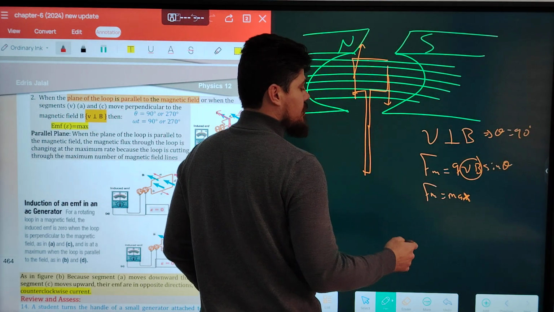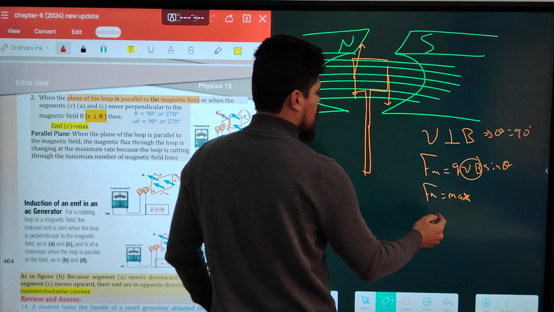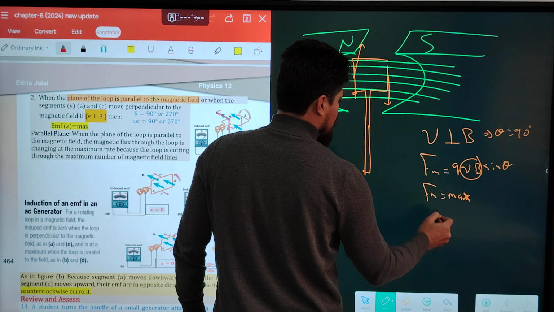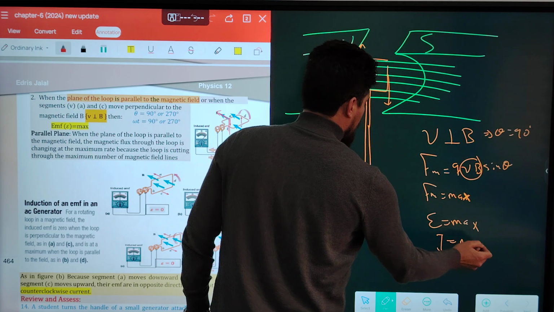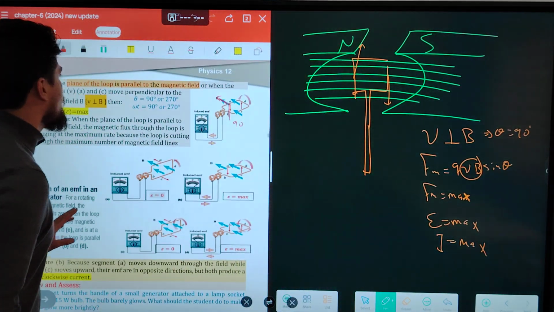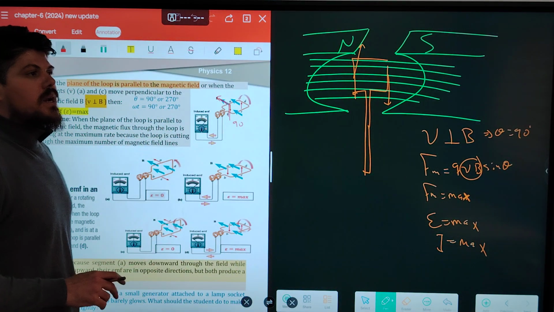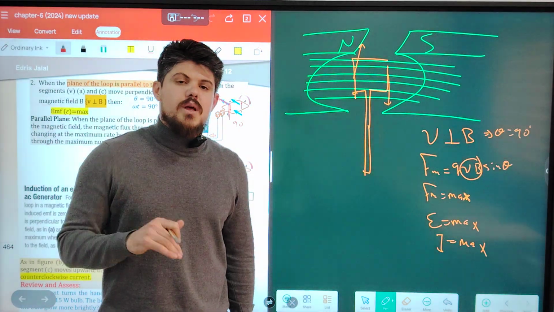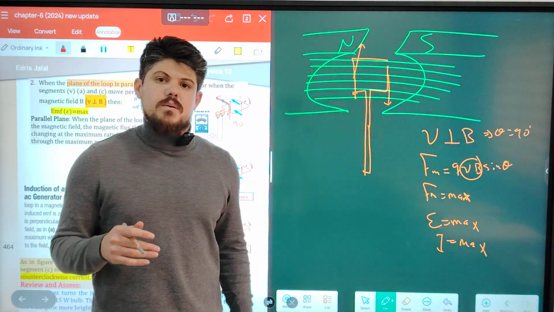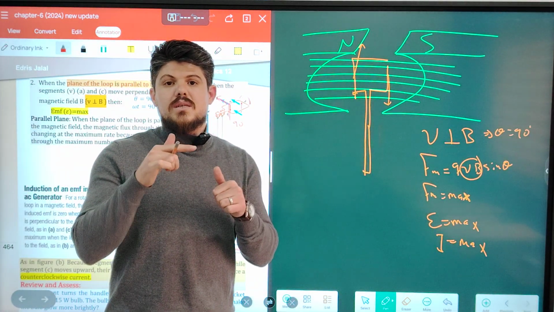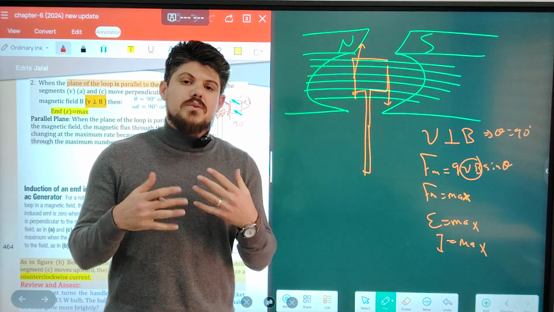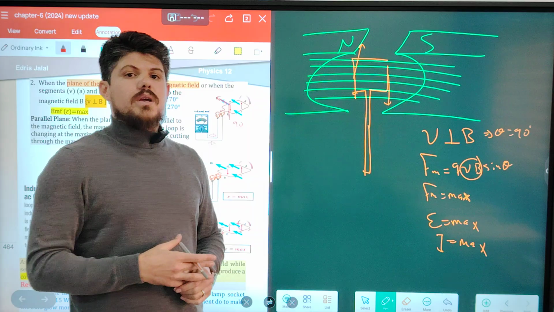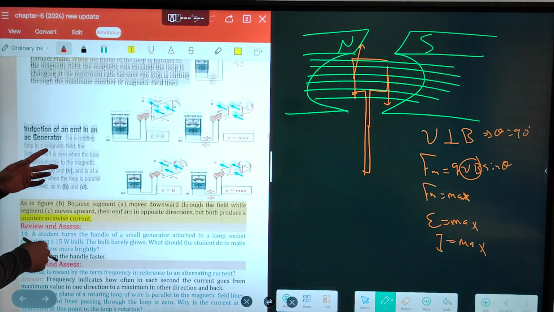This force induces the current and EMF in the loop, so EMF reaches maximum and current also reaches maximum. So why, when the plane of the loop is parallel, does no magnetic field cross the loop, yet induced EMF and current are maximum? Because the magnetic force is maximum when the plane of the loop is parallel.